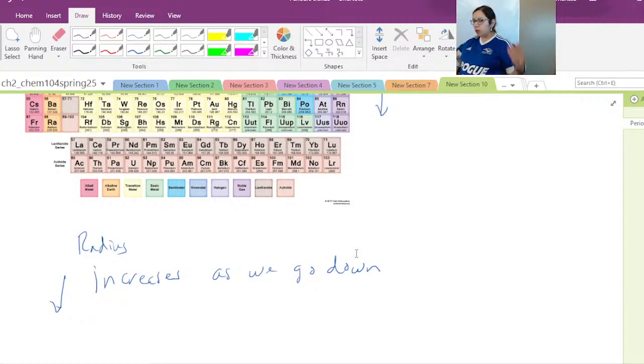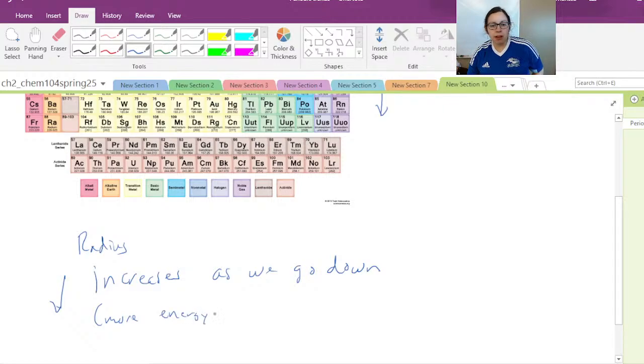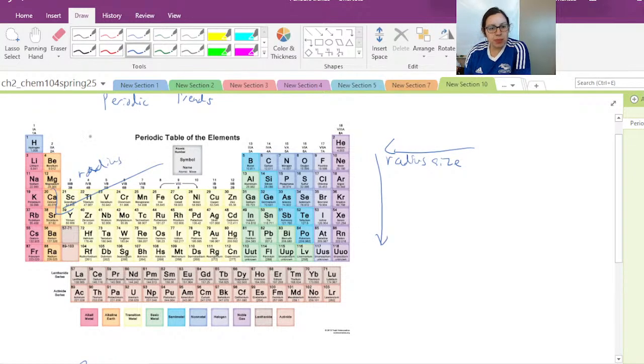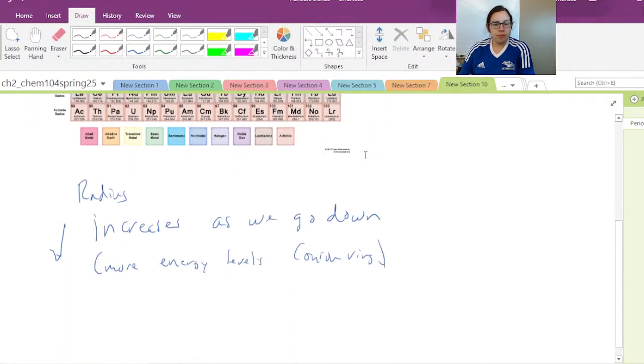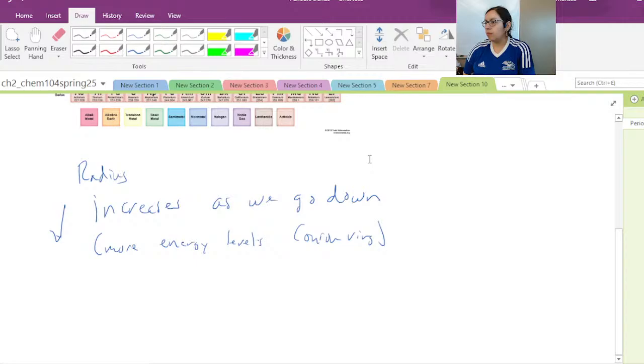So we're literally adding just more onion rings, however you want to describe that, either our energy levels, kind of onion ring analogy. So it's obviously getting further. But then what's kind of strange, and we can think about this, is why does it actually decrease as we go across the periodic table? Protons are always increasing, but think deeply about the orbitals.